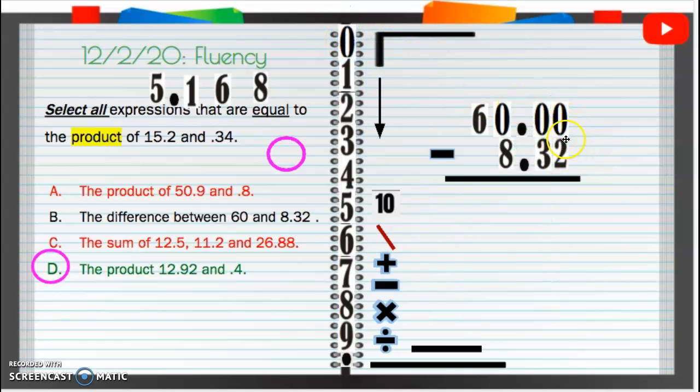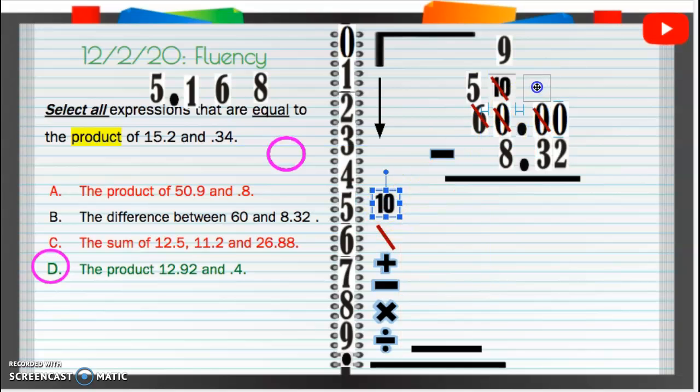All right, 0 minus 2, you cannot do. That rhymes. So we got to borrow all the way from the 6. 6 becomes a 5 to then make this 0 a 10. Now we can borrow from that 10 to make it a 9 to make this 0 a 10.